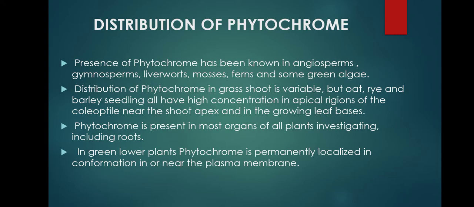Phytochrome is present in most organs of all plants investigated, including roots. In many green lower plants, phytochrome is permanently localized in or near the plasma membrane.